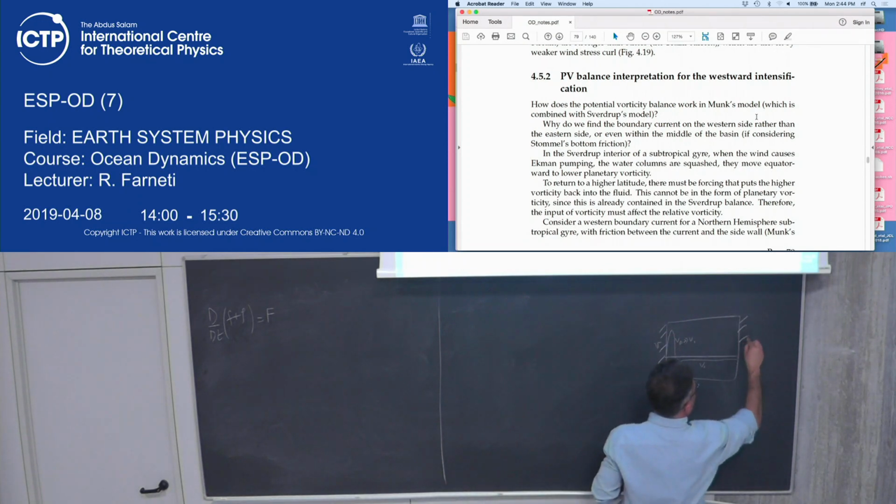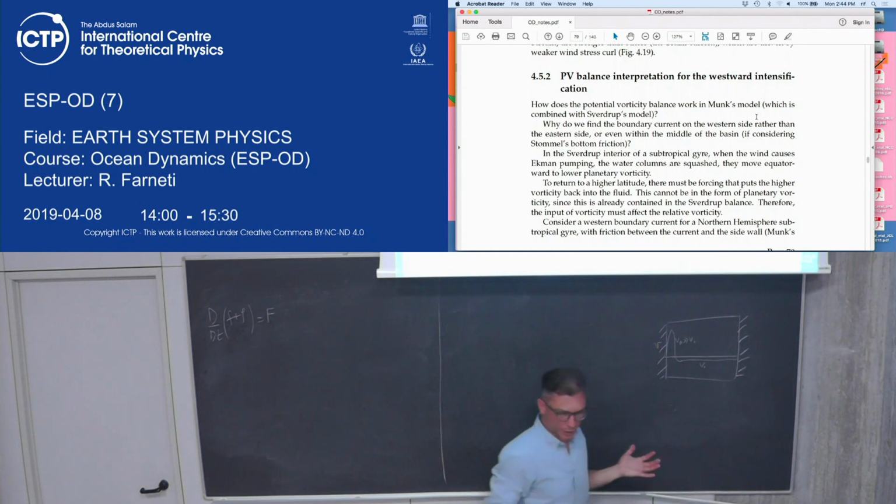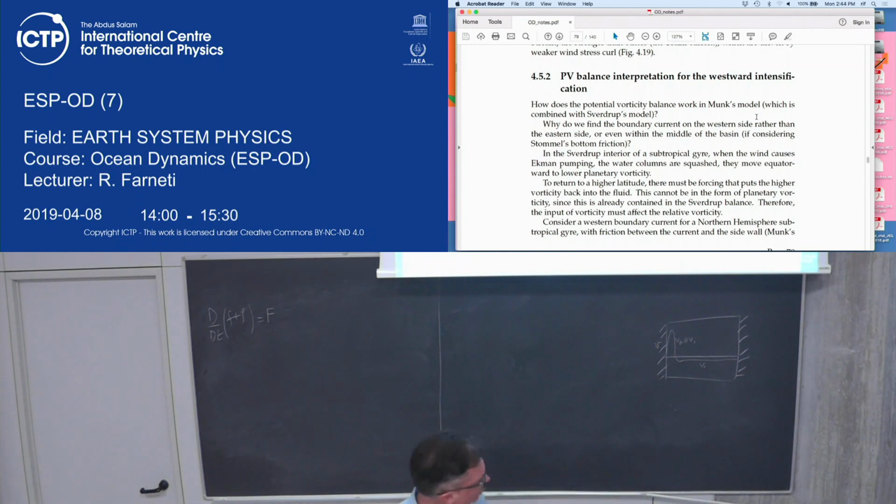So if you put friction on a side, you immediately think of a frictional boundary layer. Okay? But the Stommel model was putting friction at the bottom. So you might have thought that there was a bottom boundary current returning the mass, for example, in a vertically integrated model.